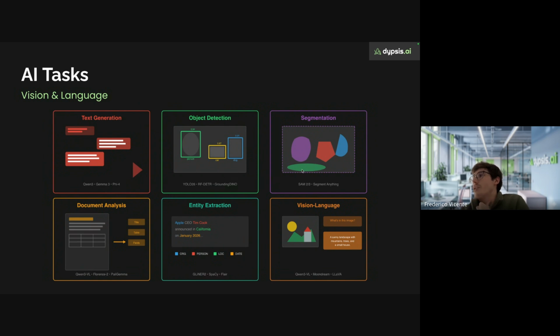We have other tasks like segmentation, where you want to find the specific masks for the elements in a picture. You have document analysis and extraction, and also vision language, when you want to ask questions about an image. For this, Qwen3 VL models are normally quite good as well.